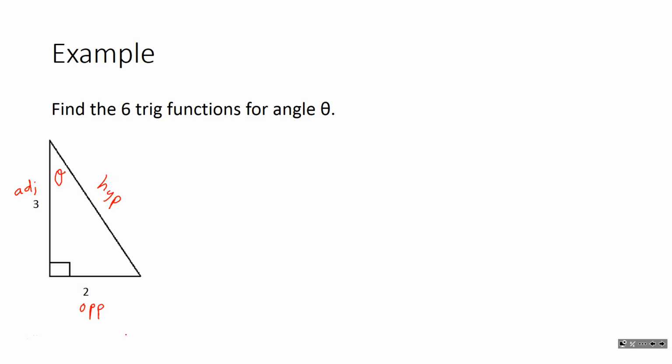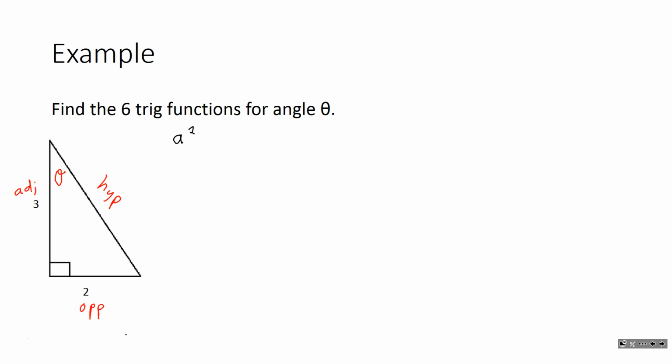Now, of course, I'm sure you also notice that I have not given you a number for the hypotenuse. So we might as well do that before we worry about anything else. We will use the Pythagorean theorem to come up with the hypotenuse.